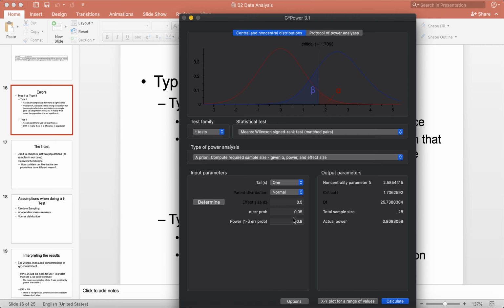Okay. If we want a stronger power, let's say we want it to be 0.9 with still an alpha of 0.05, we need a larger sample size, 38 people for the study, in order for us to say we had power. We have a lower probability of having a type 2 error.